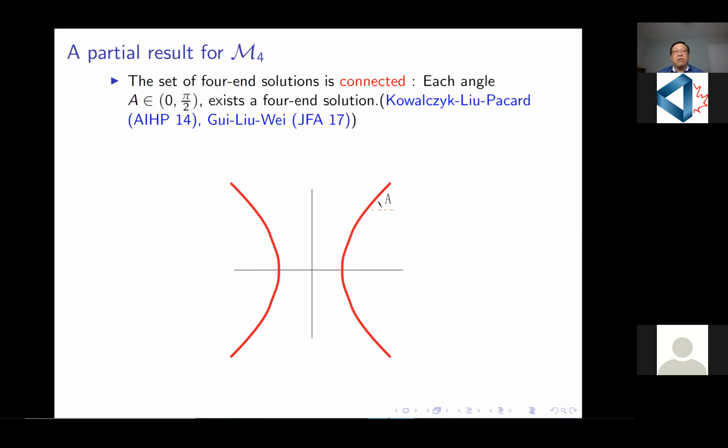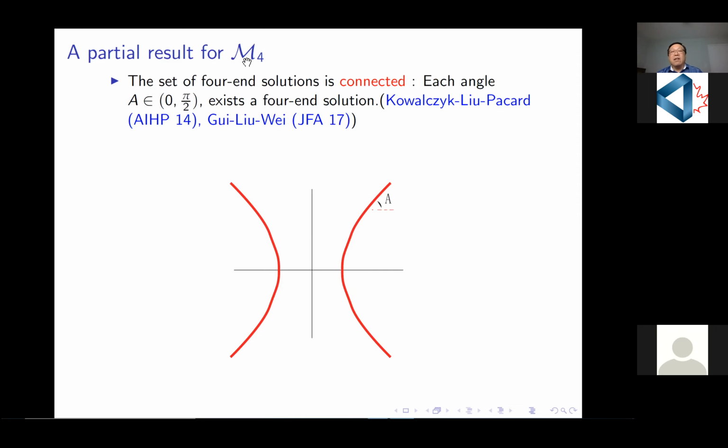The only partial result is for M4, the 4-ended solutions. What we can prove is that the set of 4-ended solutions is connected. Only the first question is answered.